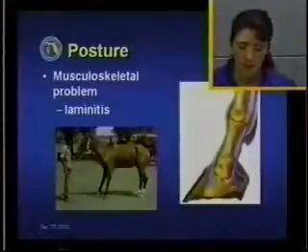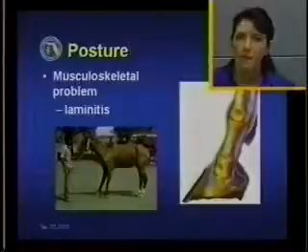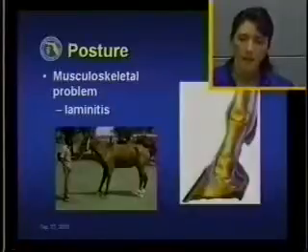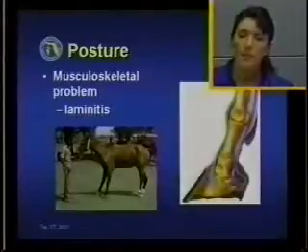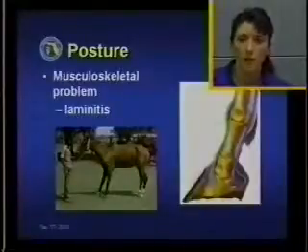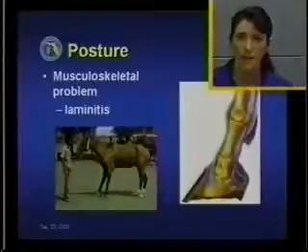What happens is the inflammation causes severe vascular disturbances within the blood vessels of the laminae, and these disturbances can cause an ischemic necrosis of the laminae, which in turn causes breakdown of these laminae.